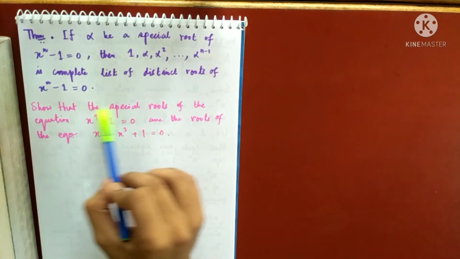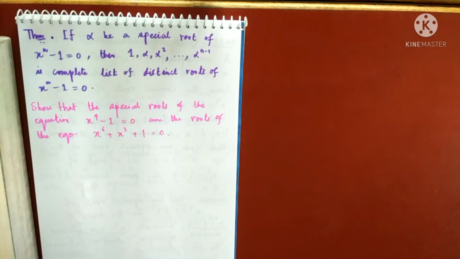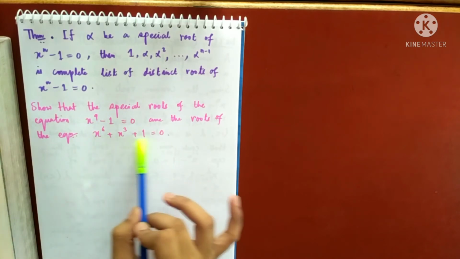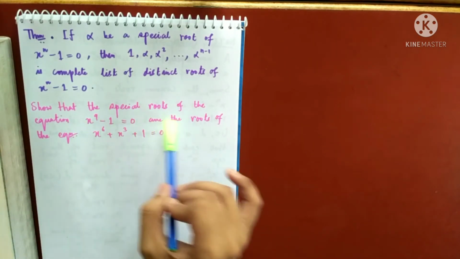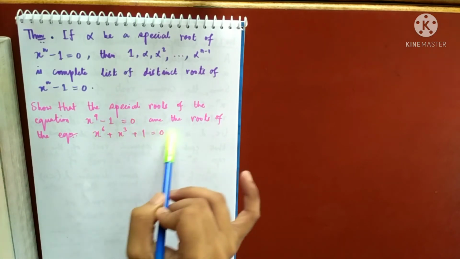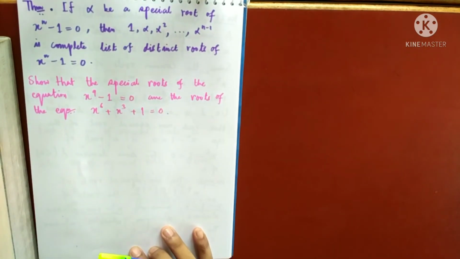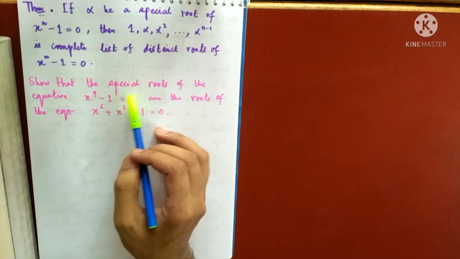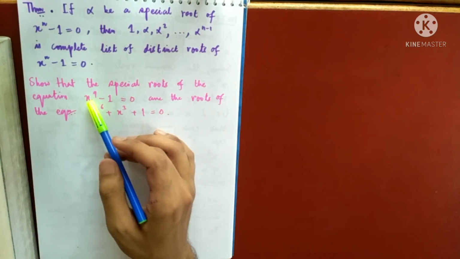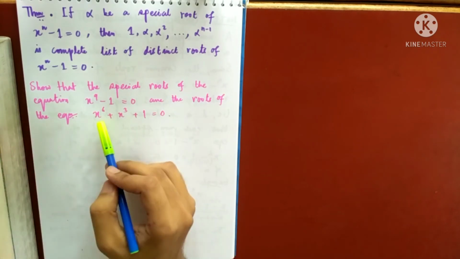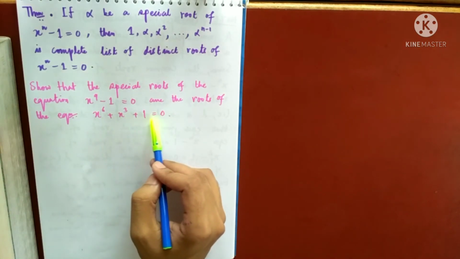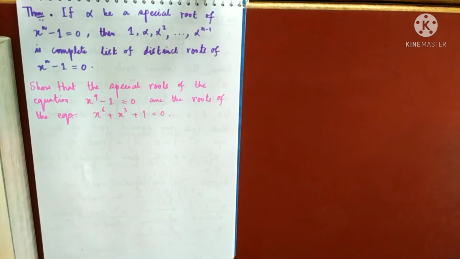So if I consider an equation whose roots are those special roots, it will be an equation of degree 6. This is what they have given. See, the special roots of this equation are the roots of this, so this equation must be a 6-degree equation due to the fact that it has got 6 special roots. So with the help of those 6 special roots, if I am constructing an equation, that must be a 6-degree equation, as you can see here. We will prove it. Very simple.